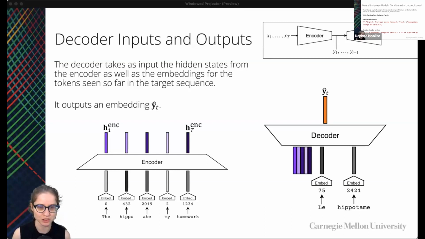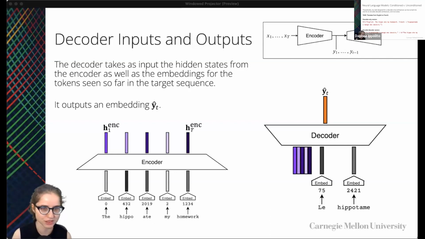We can look up what the embedding for "a" is in the embedding matrix. We want this predicted embedding y hat sub t to look as close as possible to the embedding of the word "a", because that's the actual next word in the French sentence. And that's how we train these models. Does that make sense?